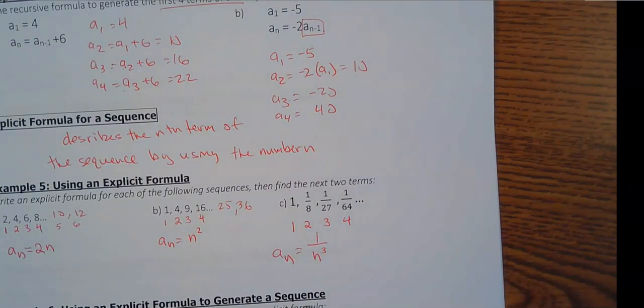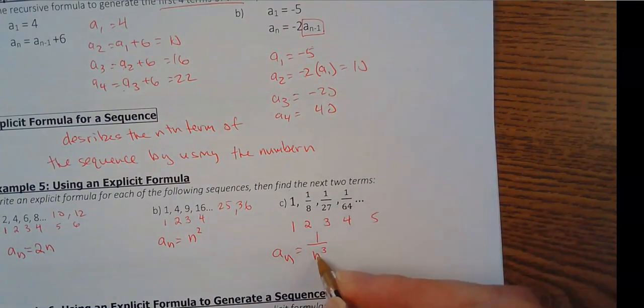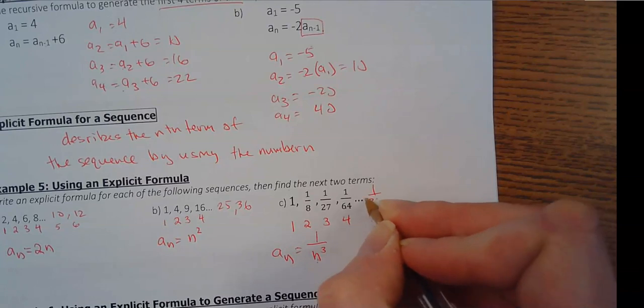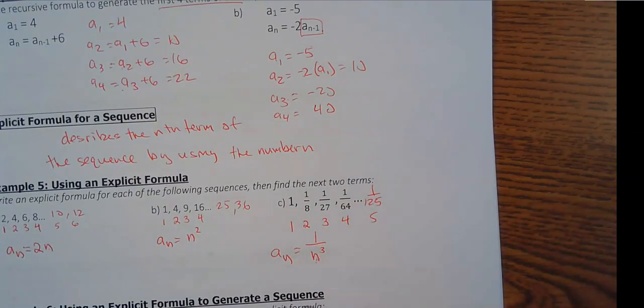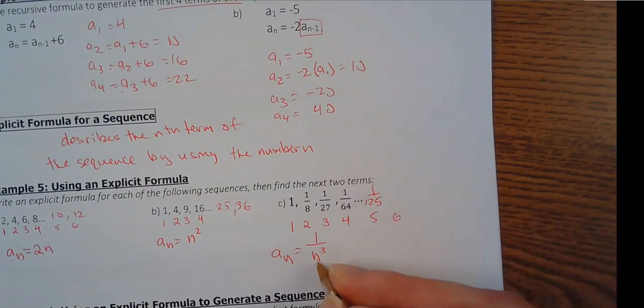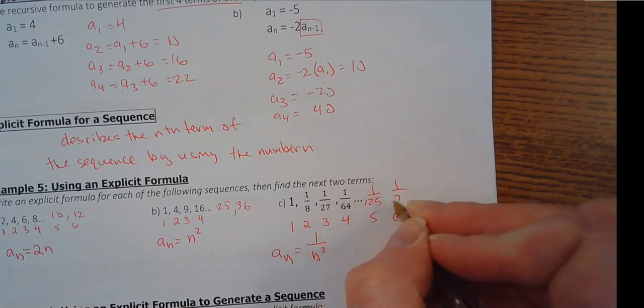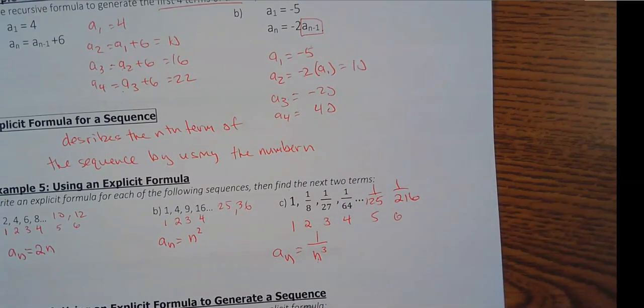If I want to find the next one, number 5, plug 5 in there. 5 times 5 times 5 is 125, so it's 1 over 125, or 1/125. And then 6 to the third is 216, so it'd be 1 over 216.